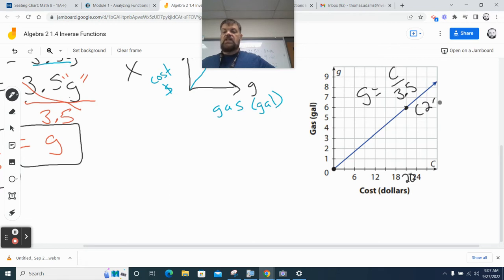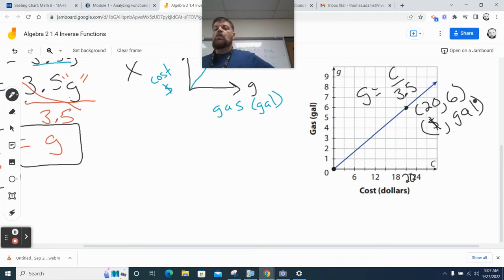So this would be 20, 6, where 20 is the cost in dollars, and this is the gallons of gas. If I spend about $20 in gas, I'm going to get about 6 gallons.